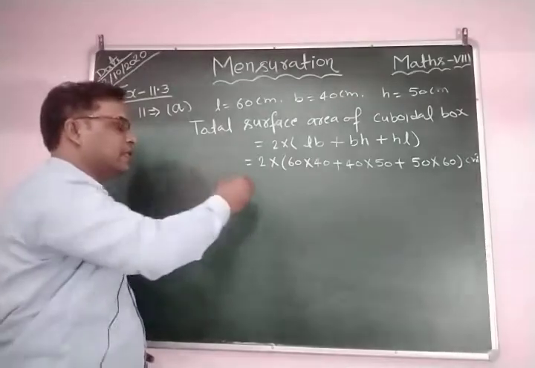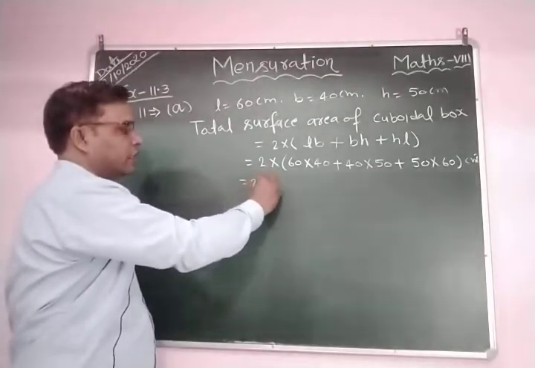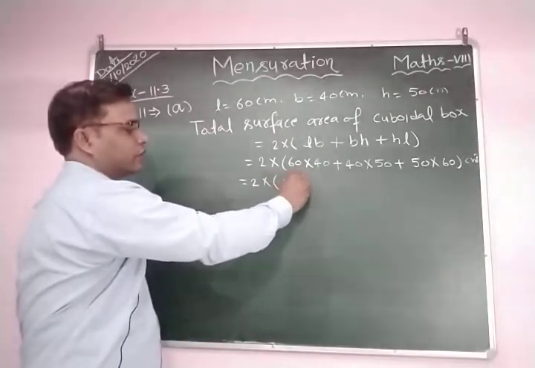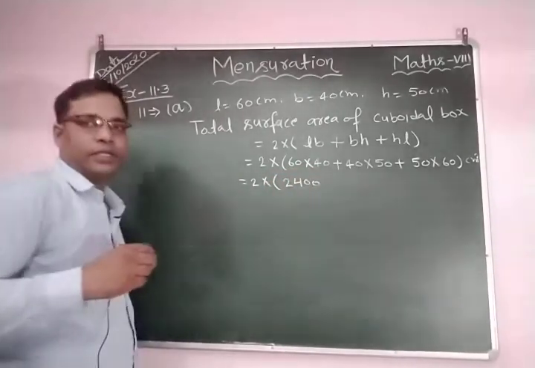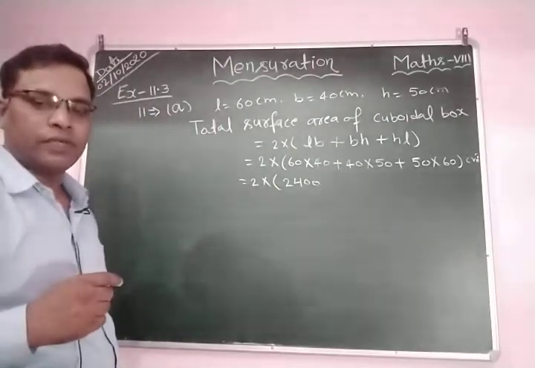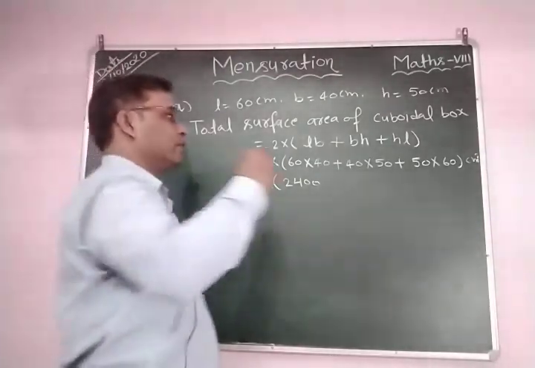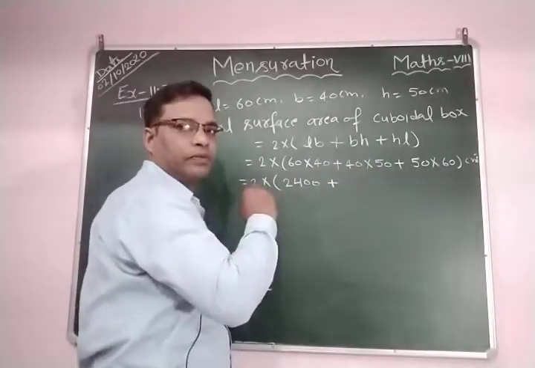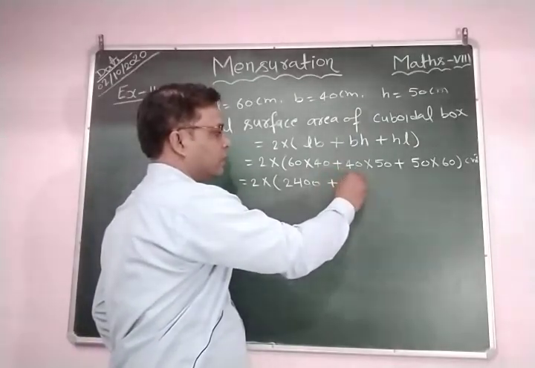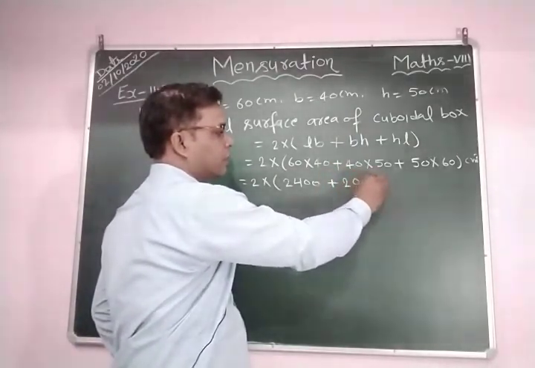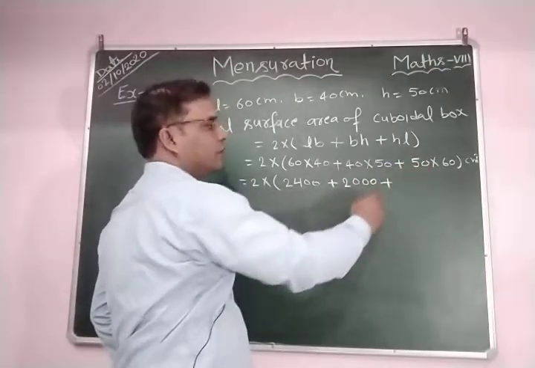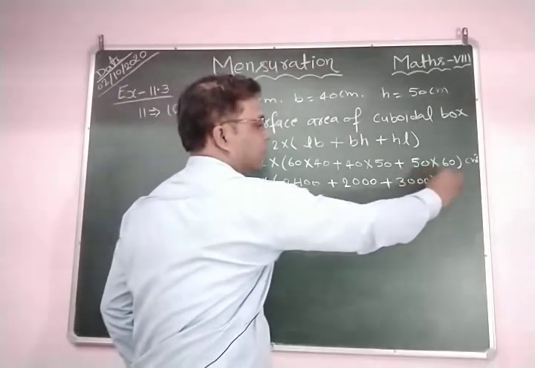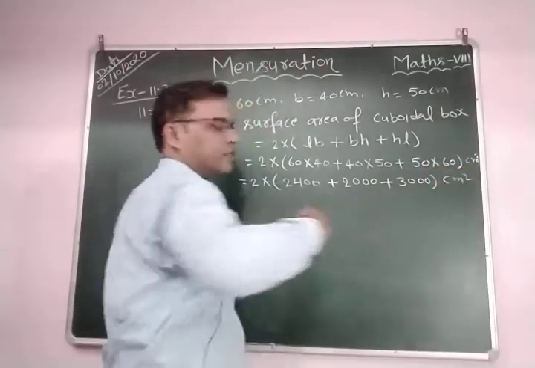When you multiply, 60 into 40 is equal to 2400, plus 40 into 50 is equal to 2000, plus 50 into 60 is equal to 3000 centimeter square.